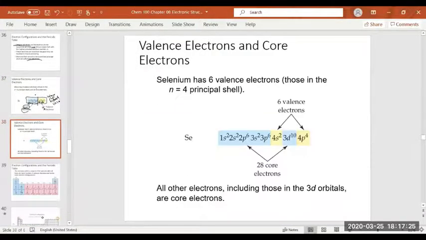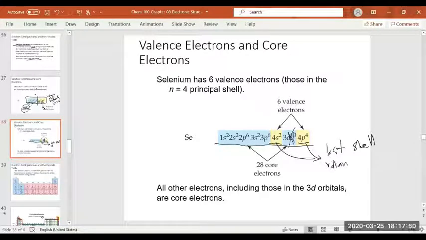Look at this example. We have selenium, which has this electron configuration. Which one is the last shell, the valence shell? Look at the highest n value, 4p, 4s. The 3d is not the last shell. Just 4s and 4p will be the last shell, and we call it the valence shell.